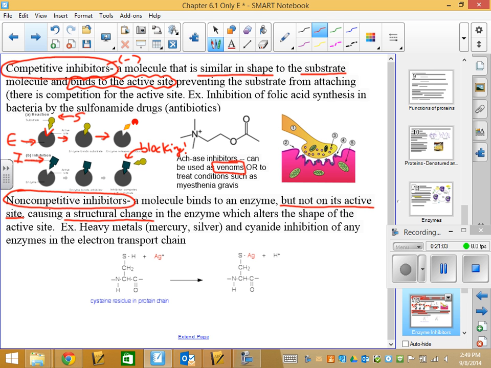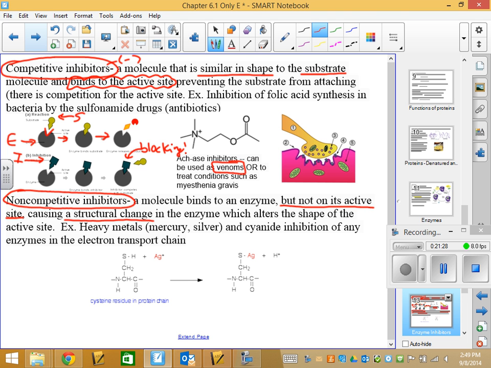So because it binds, something happens to the molecule, and the active site is different now. Good examples of things that do that are heavy metals. That's why they can be so toxic and so dangerous. The electron transport chain is something that happens all over the place. We'll talk about it really specifically in photosynthesis.